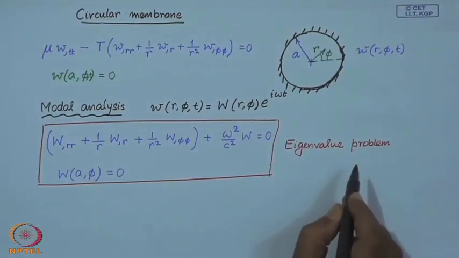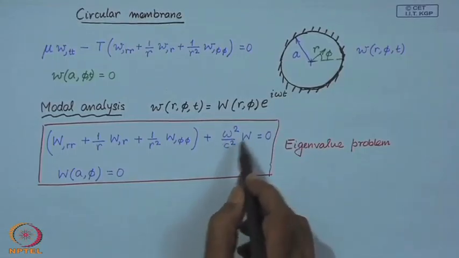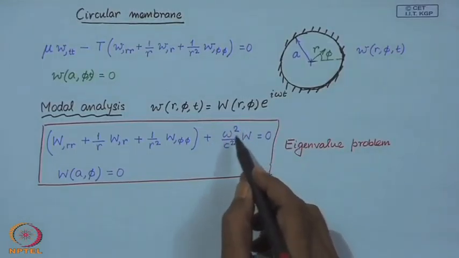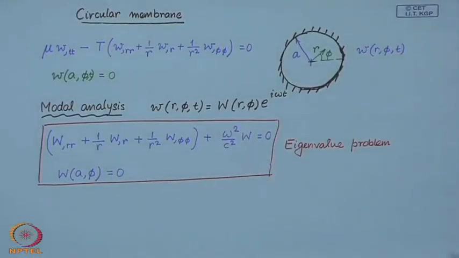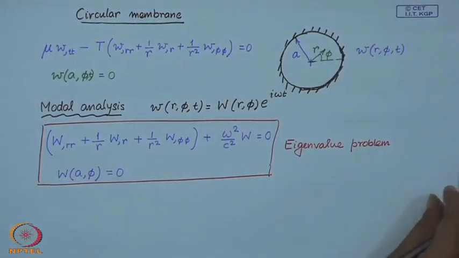This is the eigenvalue problem which we must solve in order to determine the circular natural frequencies and the modes of vibration of a circular membrane.